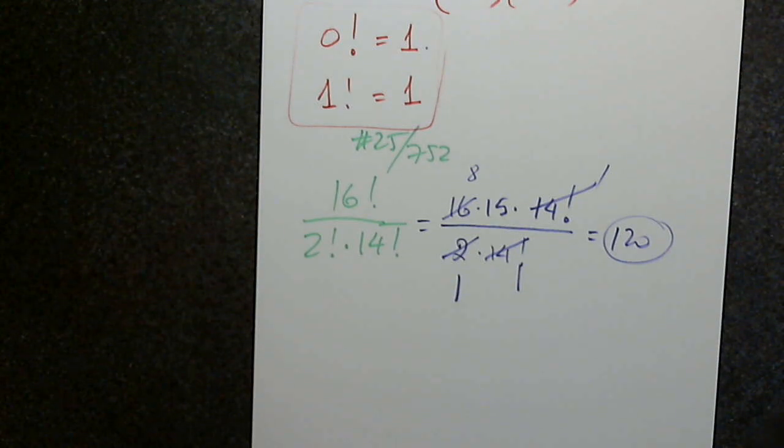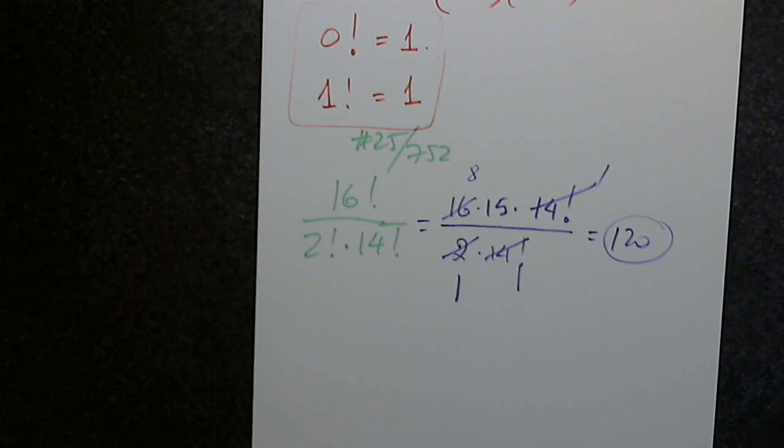Okay. So how do I do this with a graphing calculator? With a graphing calculator, sometimes this will exceed the memory. So we have to simplify, but let's say we don't. So the numerator is 16. Go to math and cross over to probabilities and choose 4. And you get 16 factorial.